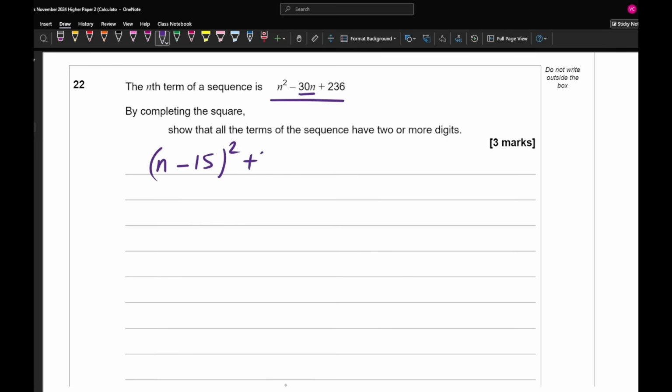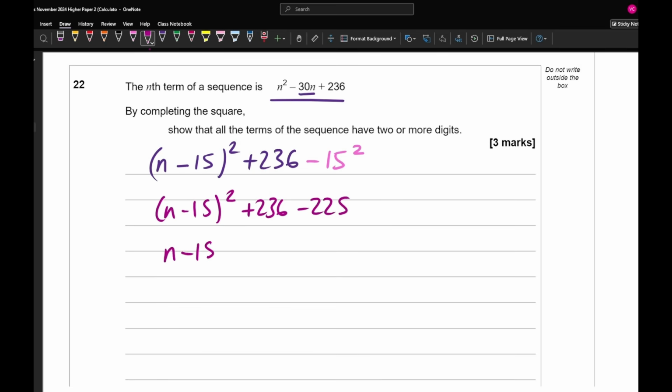And then I've got plus 236, and I need to subtract whatever number is inside the bracket squared. So that's going to give me n minus 15 squared plus 236 minus 225.